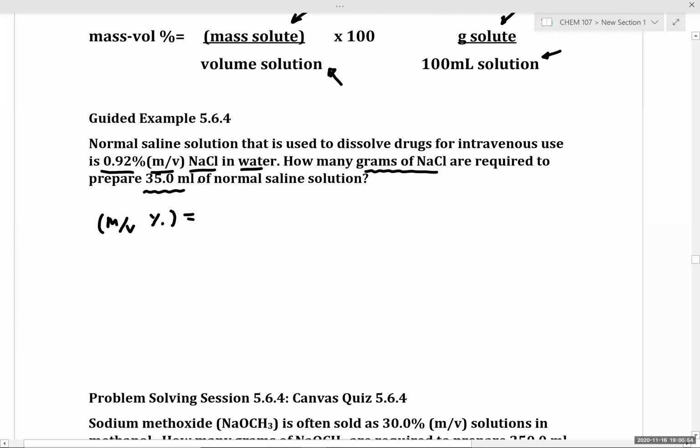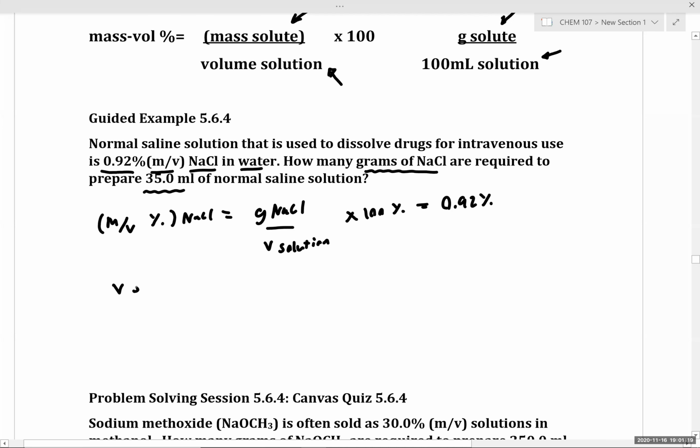In this case, this is the mass over volume percentage of sodium chloride. It's equal to the grams of sodium chloride over the volume of solution times 100%. And we know our mass over volume percent is 0.92%.